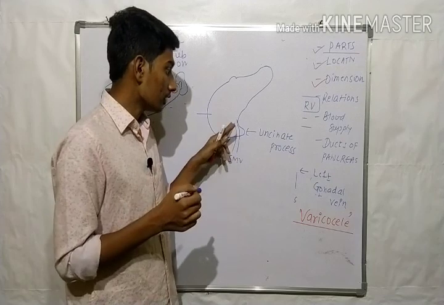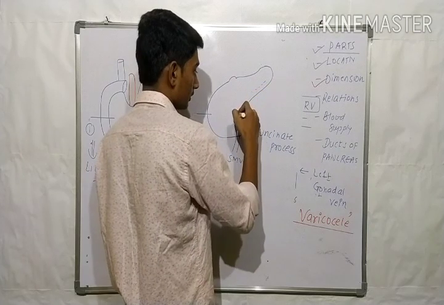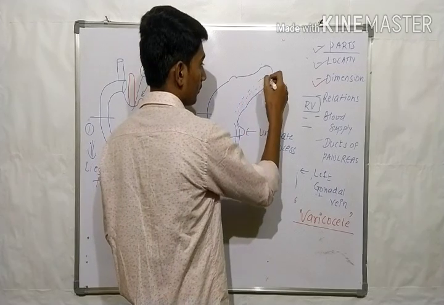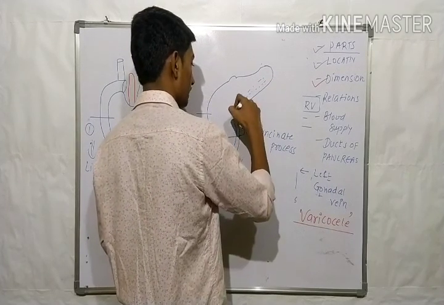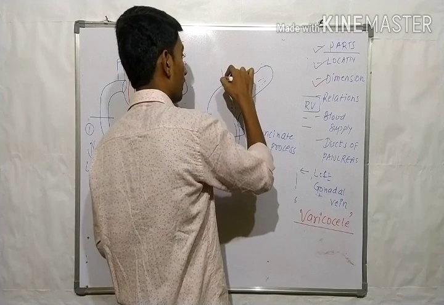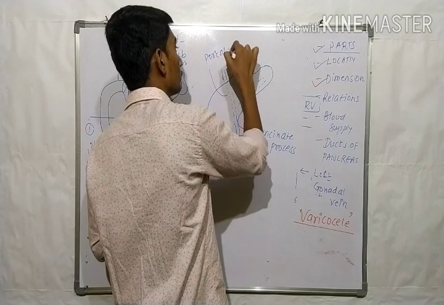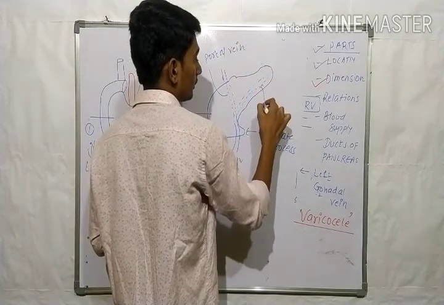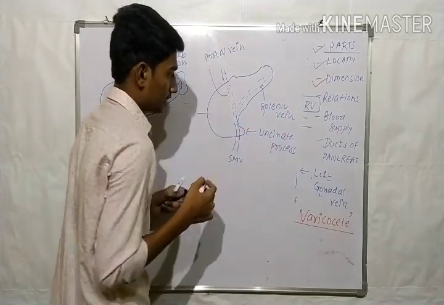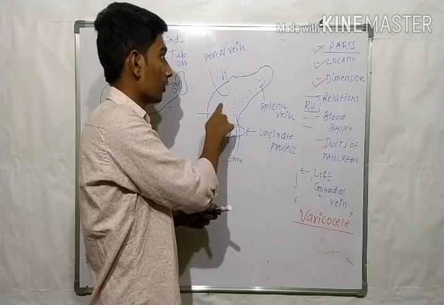Now it goes posteriorly and joins with the splenic vein, and it forms the portal vein. So this is the portal vein, this one is the splenic vein, and this is the superior mesenteric vein. The superior mesenteric vein joins with the splenic vein and forms the portal vein.